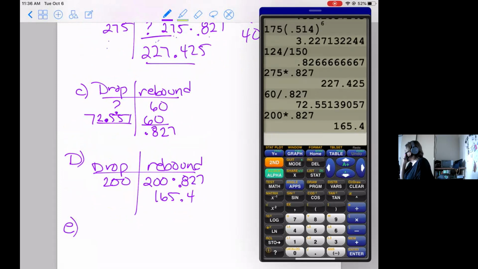Part E says, how high would it bounce on the second bounce and the third bounce, using part D again? How would I find this and this? If I know after one bounce it's right here, what would I do to this to get to the next one?